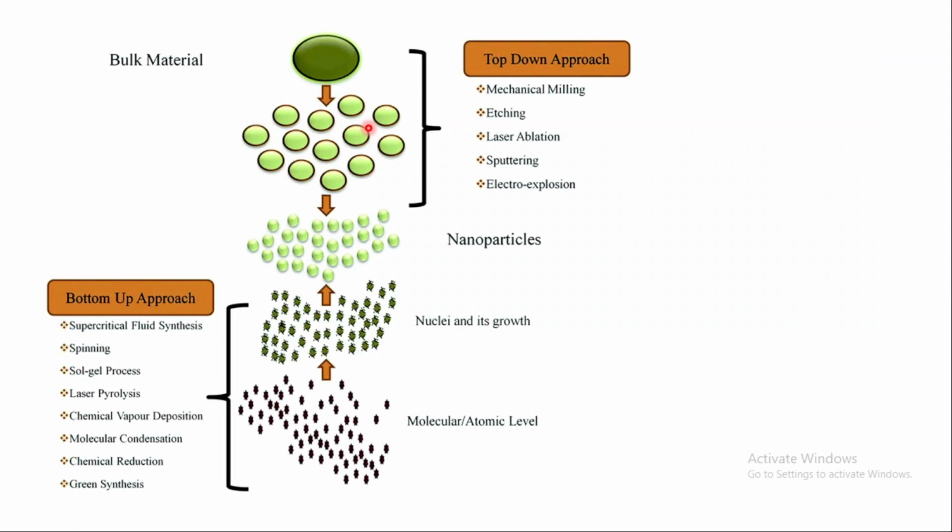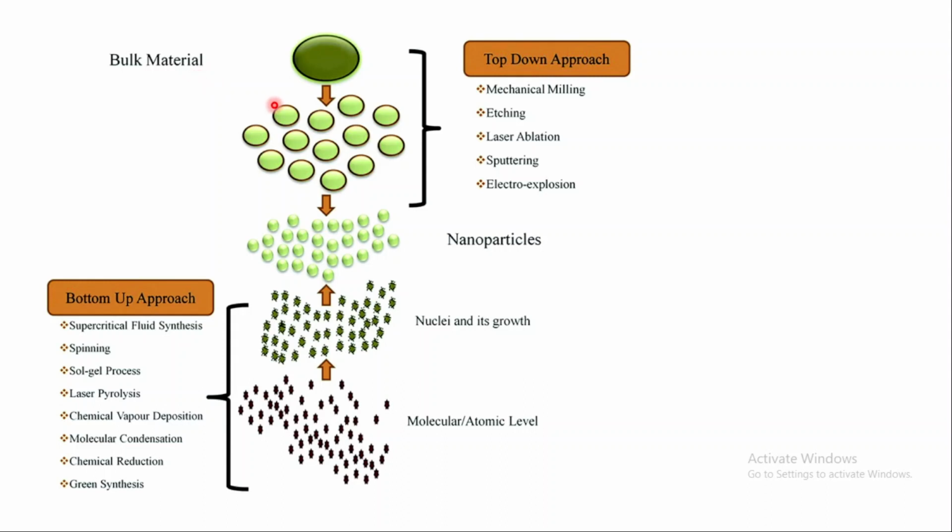So again here I'm listing some approaches, some methods used for top down and bottom up approach. As you can follow, in this top down approach, here in the green sphere we have bulk material.